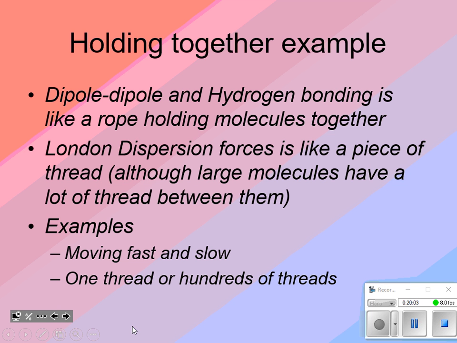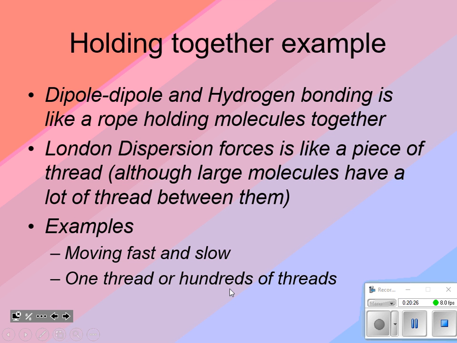So again, if we think about what holds things together in their states of matter, we have to consider how fast they're moving. Fast things are more likely to be a gas. Slow things are more likely to be a solid. But we also have to think about how they're being held together. If they're held together with a weak attraction, like a dispersion force, that's like one single thread holding two individuals together, even if you're moving slow, it still might break.